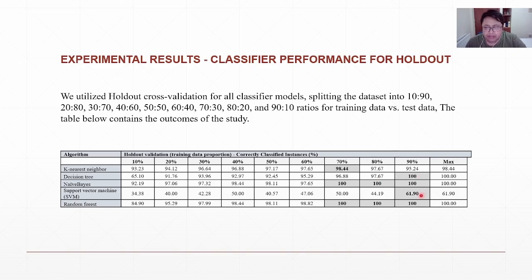And for SVM, the accuracy rate is not good also. So we can come to a conclusion that for the holdout cross-validation technique, 70% data as training data is the best possible holdout split we can use for any of the classifiers.